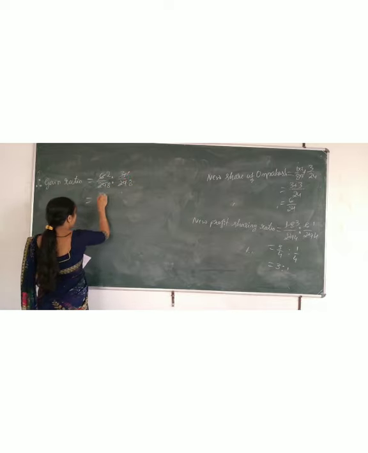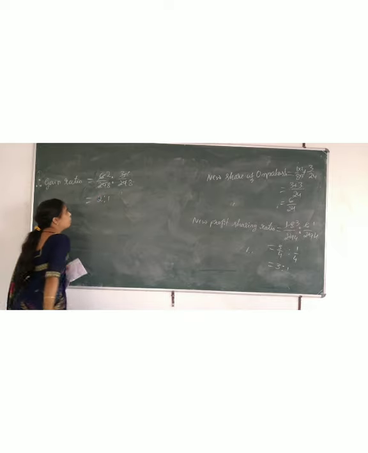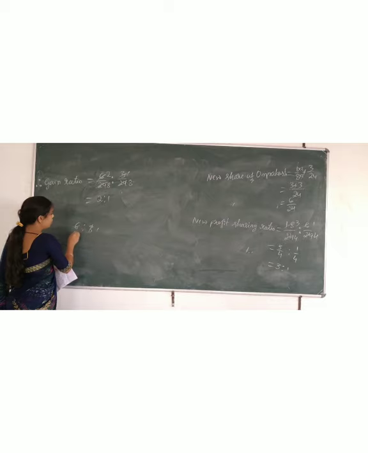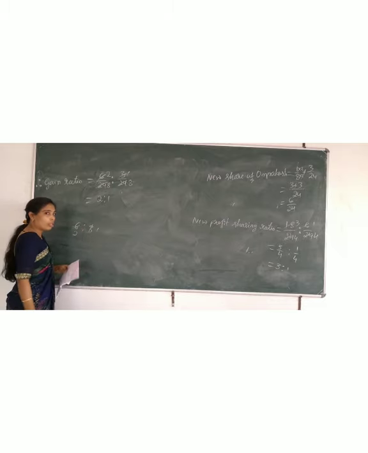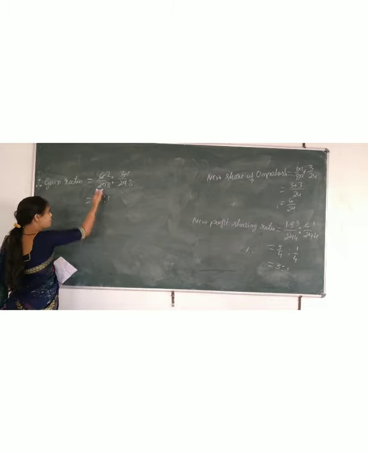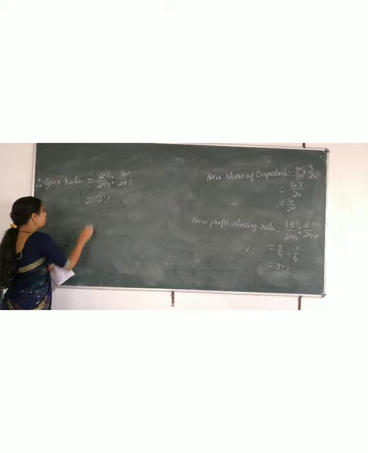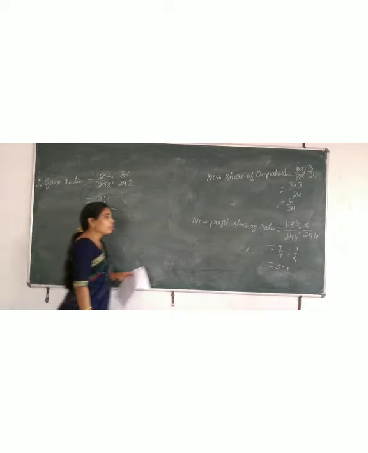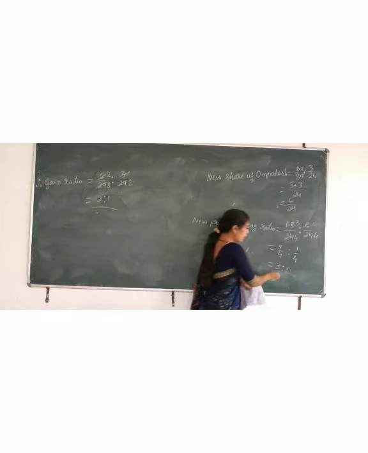So we got 2 is to 1. Otherwise you can write 6 is to 3 and simplify, 3 1s are 3, 3 2s are 6. So we got gain ratio 2 is to 1 and new profit sharing ratio 3 is to 1.